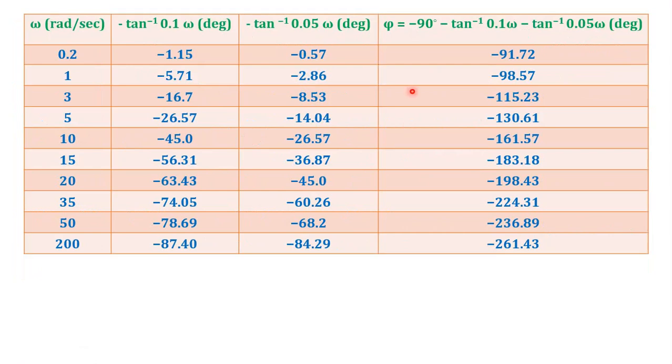That is what is written here: minus 90 minus tan inverse of 0.1 omega minus tan inverse of 0.05 omega in degrees. To facilitate the calculation, I have calculated the phase angle of these two terms separately and put them as separate columns, and this is the frequency. The phase angle varies from minus 90 to minus 270 degrees when omega varies from 0 to infinity.